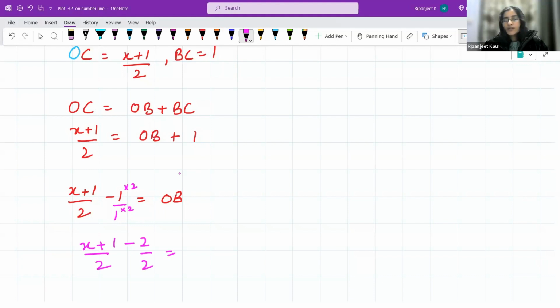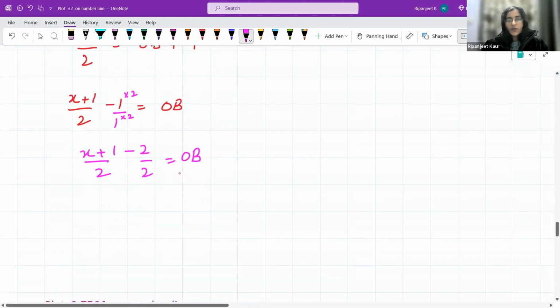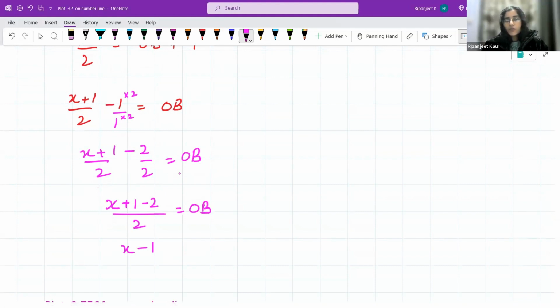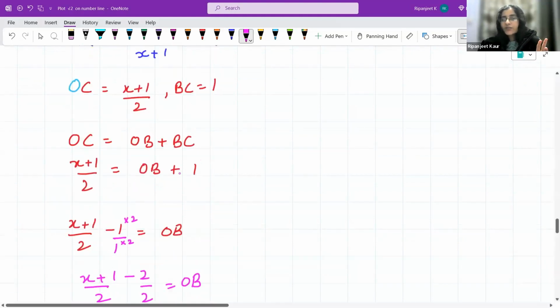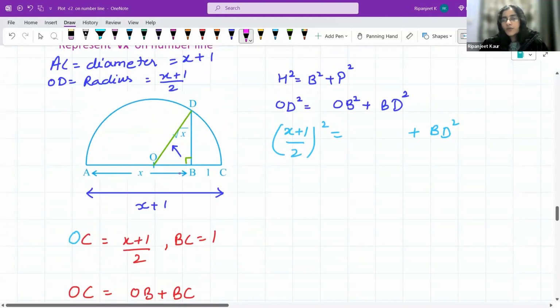Now LCM we have already taken and the denominators are the same. So it becomes x plus 1 minus 2 over 2 equal to OB. And it becomes x minus 1 over 2 equal to OB. So finally we have OB. So we found it. OB is equal to x minus 1 over 2. Right? OB is equal to x minus 1 over 2.